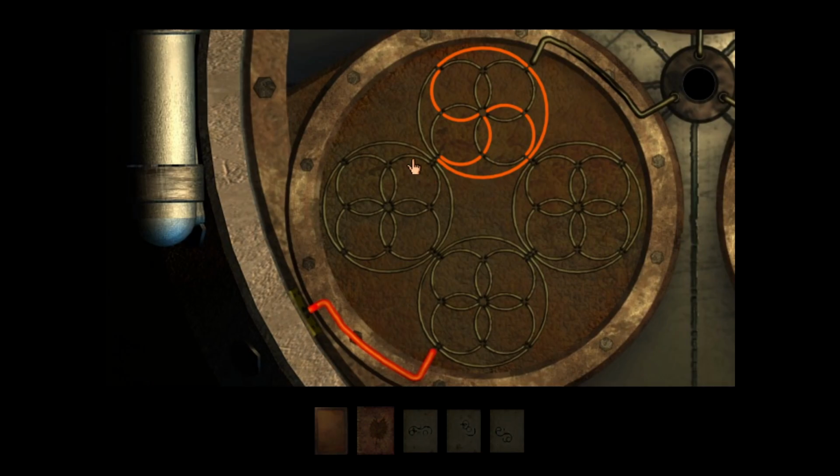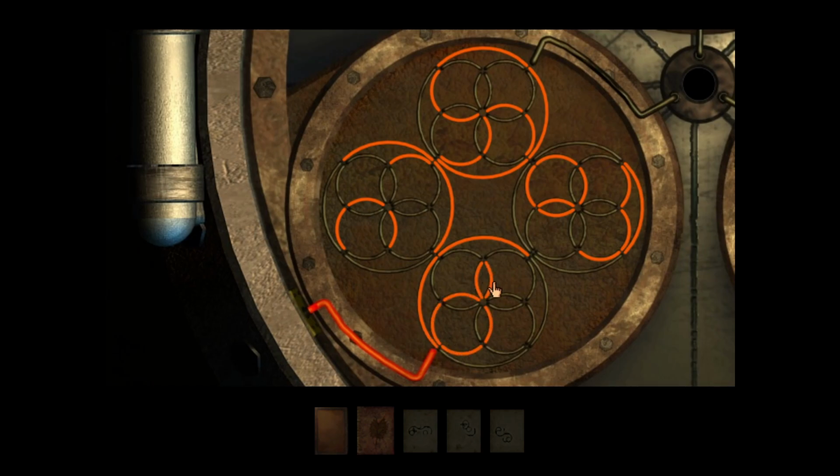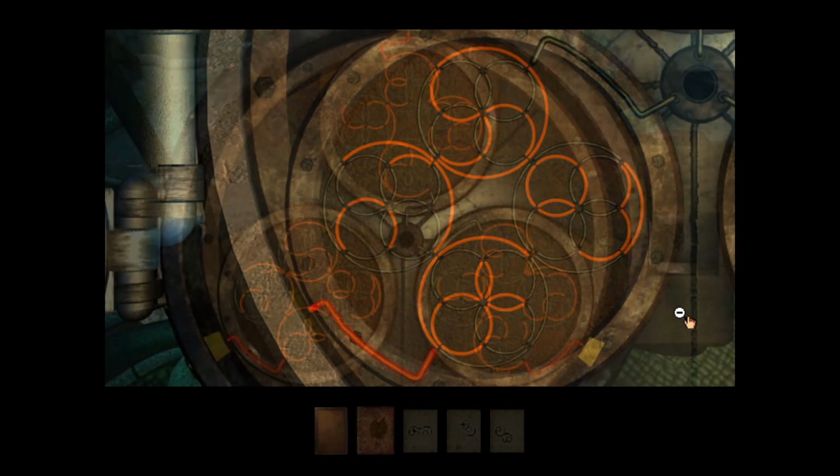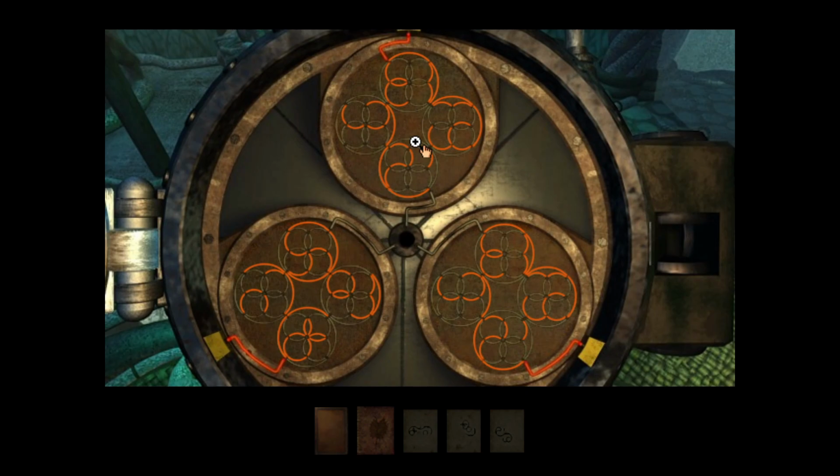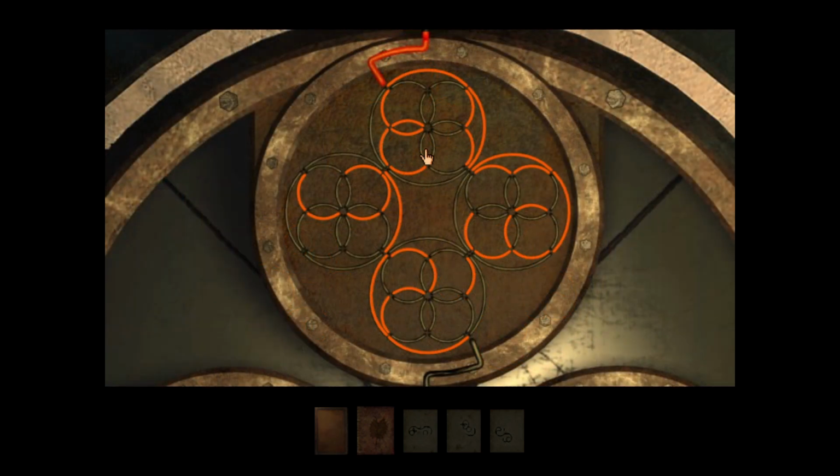Dynamic forces spur change. And then up here would have to be nature encourages mutual dependence.